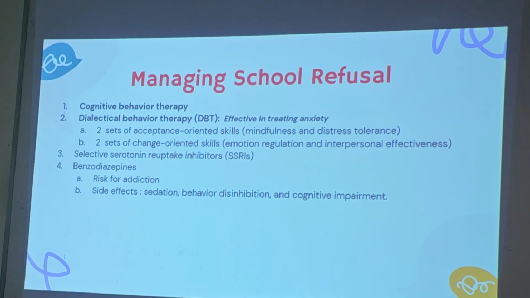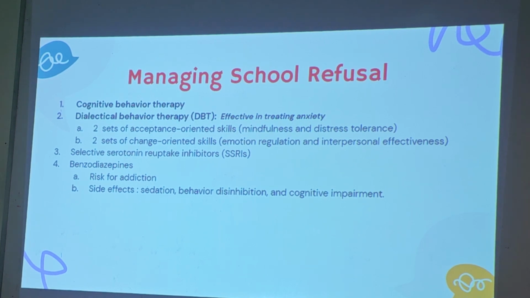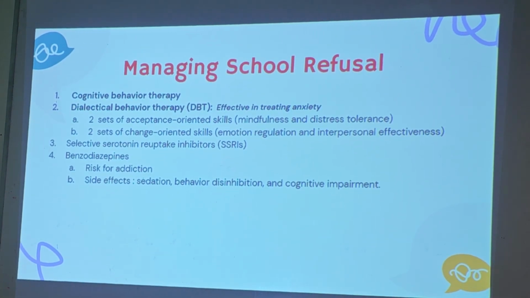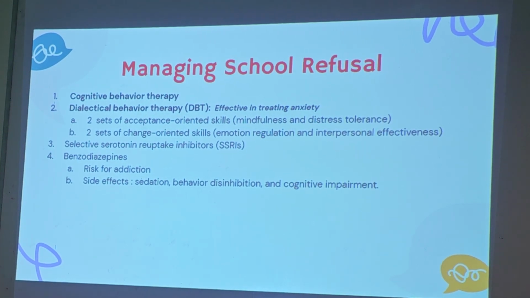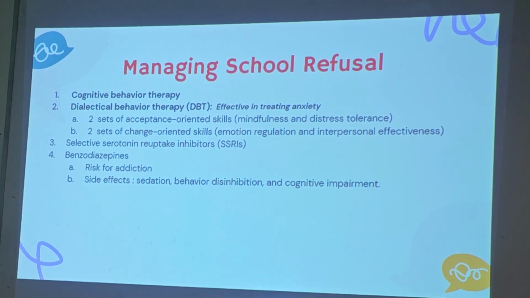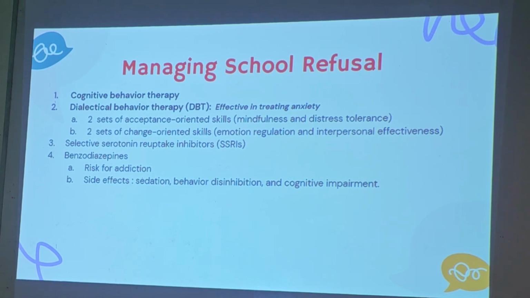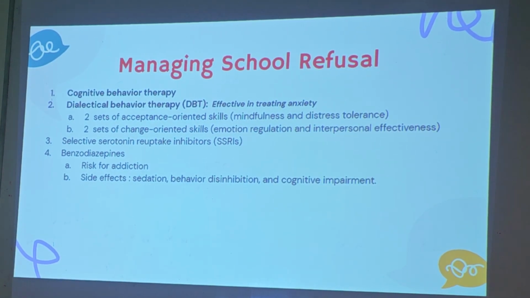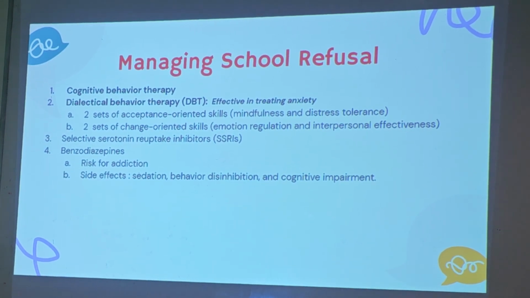We can utilize selective serotonin reuptake inhibitors, which can help with depression and anxiety, and also utilize benzodiazepines. We have to keep in mind that there's a risk of addiction. We don't use benzodiazepines in children. Okay, so we can scratch that.